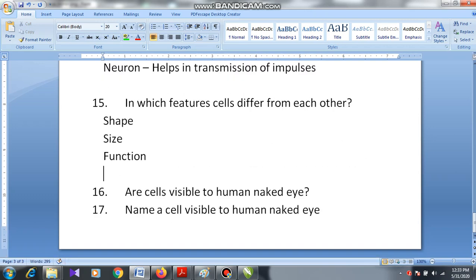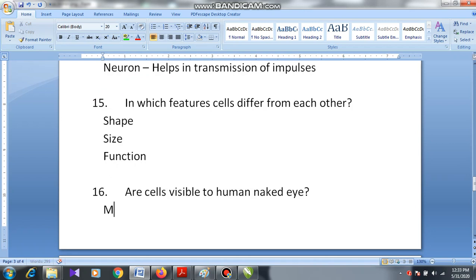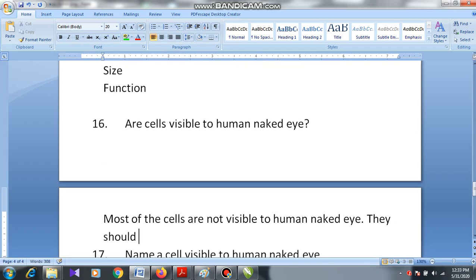Are all cells visible to the human naked eye? Remember, most of the cells are not visible to the human naked eye. They should be observed using a microscope.